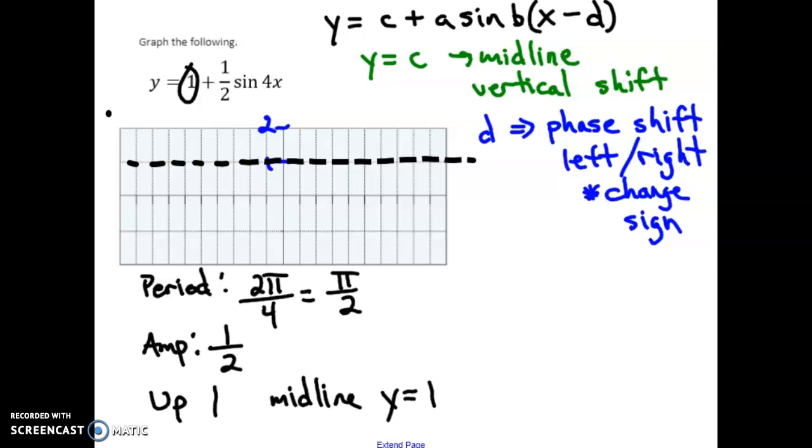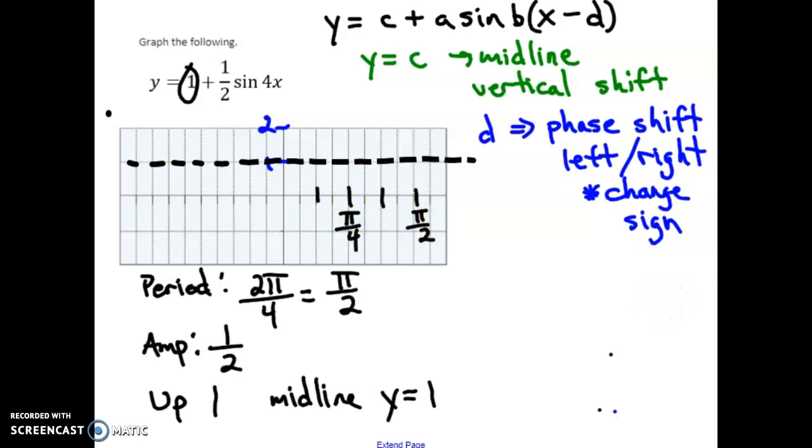Okay, we have our period of pi over 2. So let's go ahead and get our 4 tick marks here. Or better, go out here and say if this is pi over 2, half of pi over 2 is pi over 4.